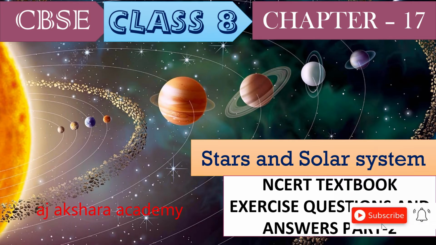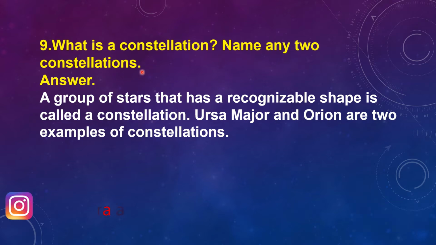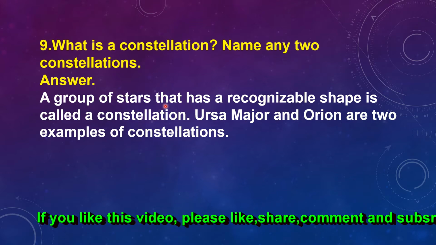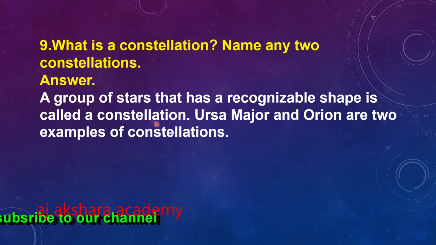First one. What is a constellation? Name any two constellations. Here in this question they are asking what a constellation is and to give any two constellations. A group of stars that has a recognizable shape is called a constellation.